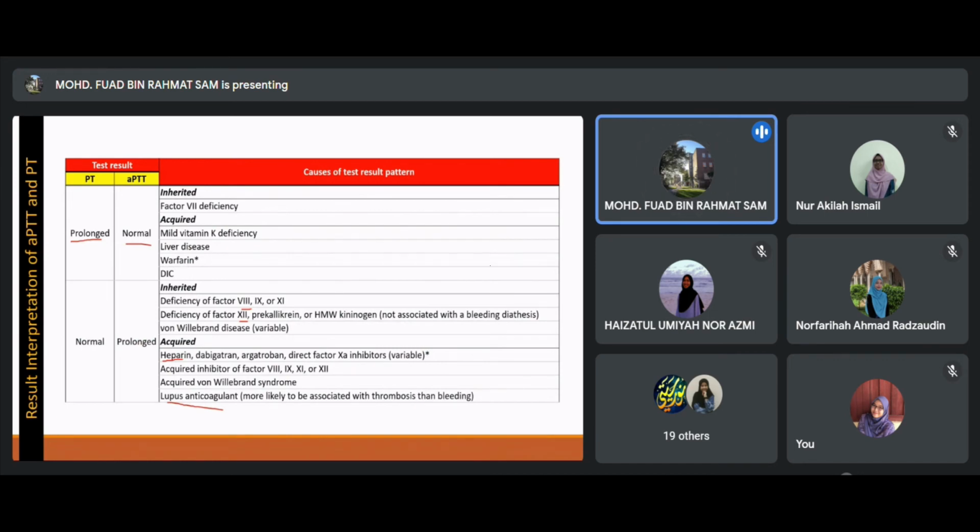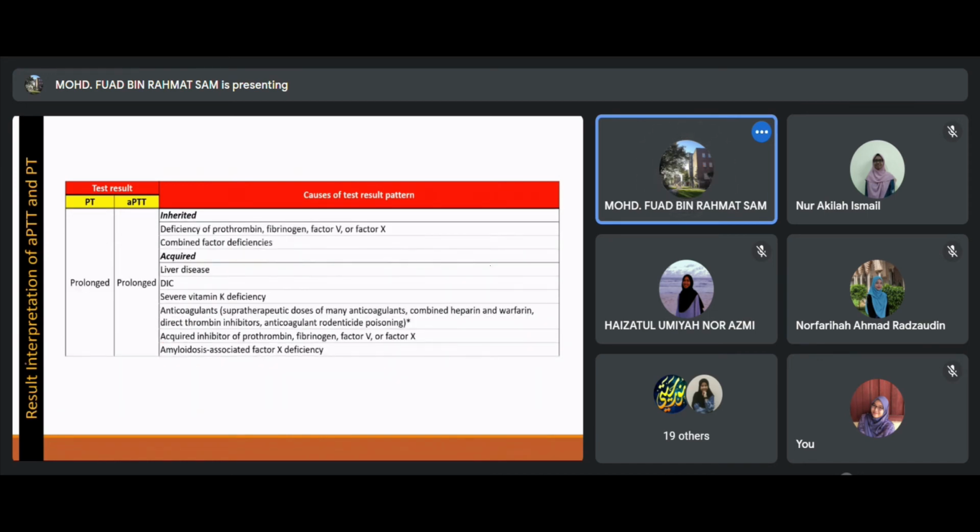Okay, or maybe dua-dua prolong, the PT prolong and the APTT prolong. Maybe deficiency of prothrombin, fibrinogen, factor 5 or factor 10, or combined factor deficiency.